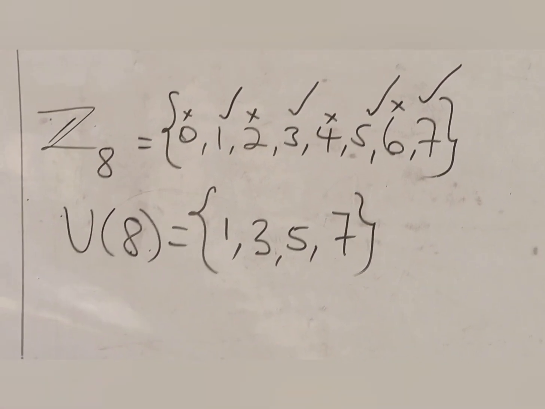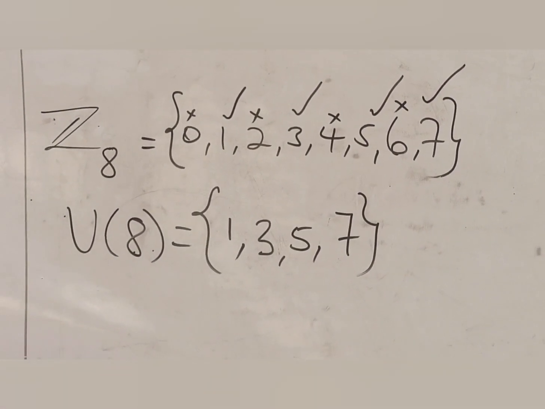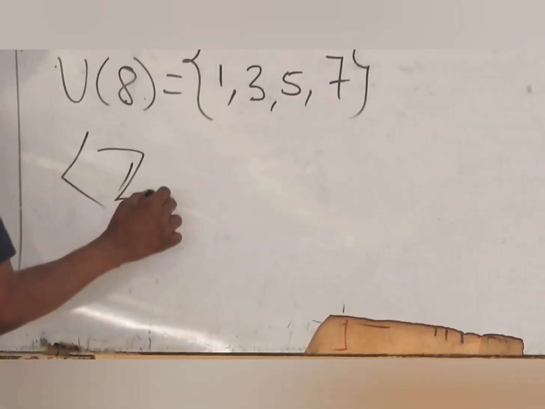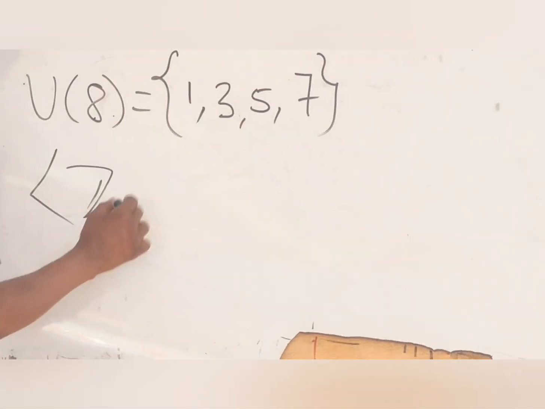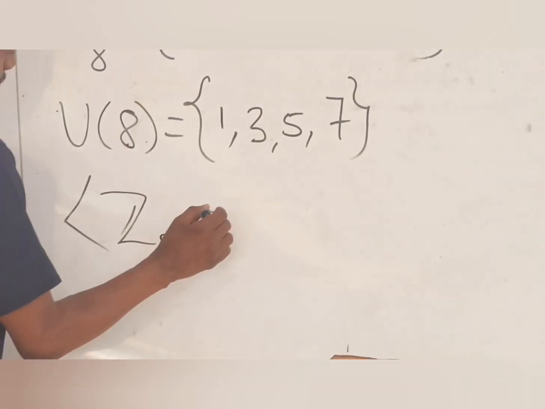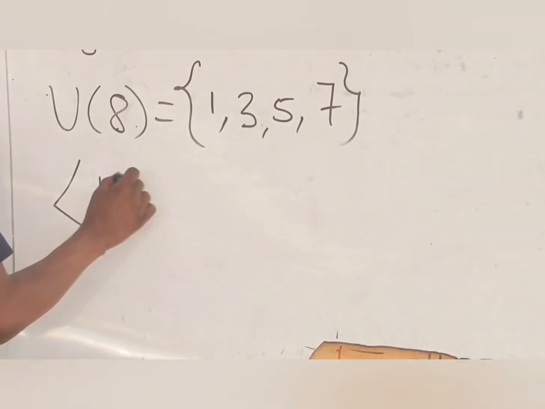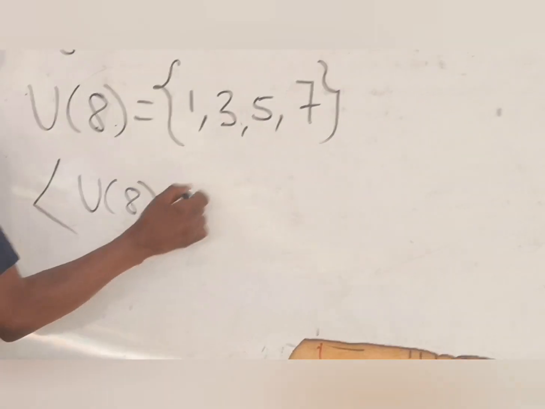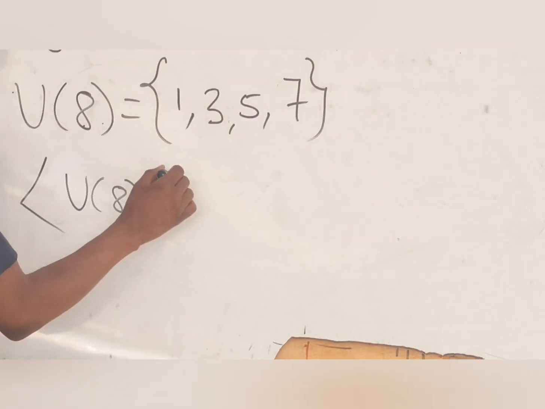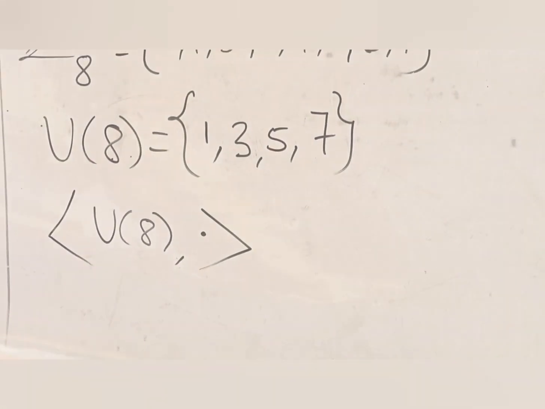We have U8, so we can form a group. U8, the unit group. Which operation? Let's use multiplication.